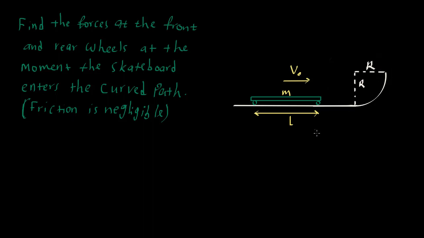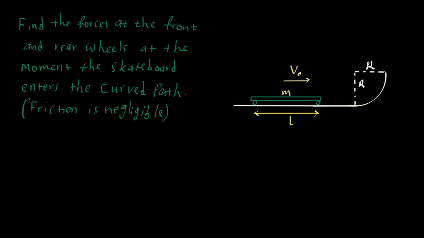We have the radius of curvature for this circle, and we are asked to find the forces at the front and rear wheels as the skateboard enters the curved path. So right at this moment that the front wheel is at this point, at the beginning of the curved path, we want to see what the forces on the wheels are.